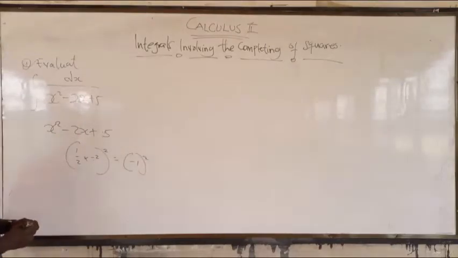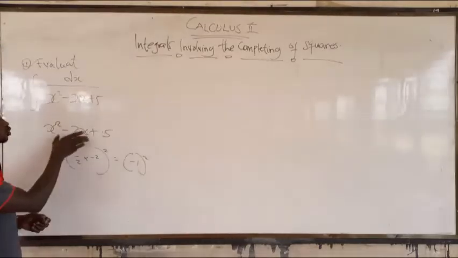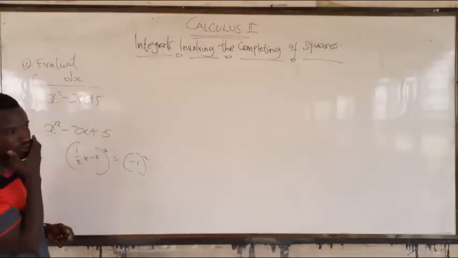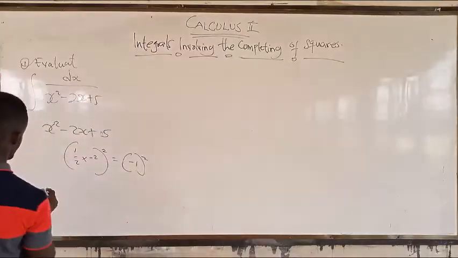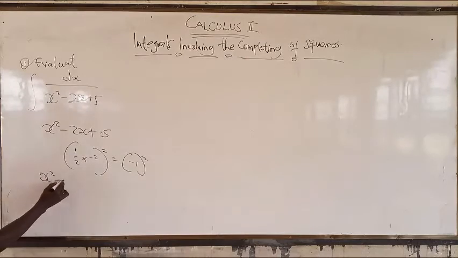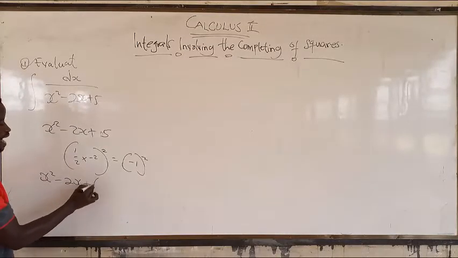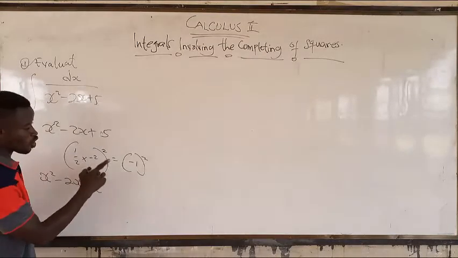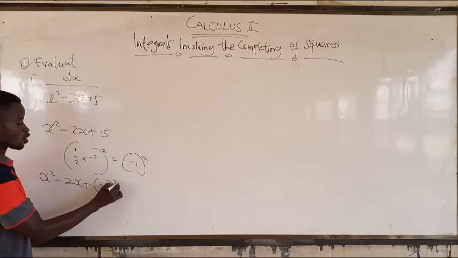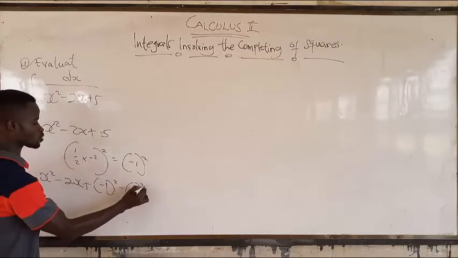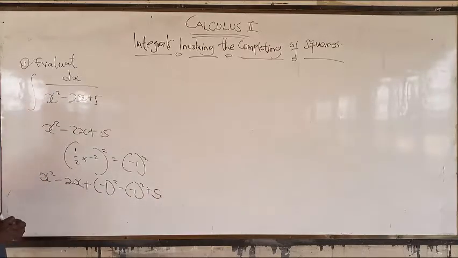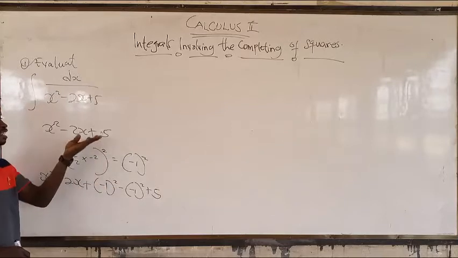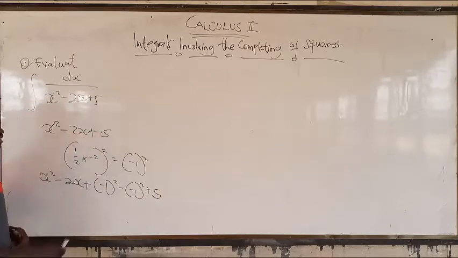After getting this, we are going to add it here, but what we are going to do is create and destroy. So here is x squared minus 2x plus, then watch here, minus 1 all squared, minus negative 1 squared, then plus 5. You can see that this is the same as this, just that this and this will cancel off.